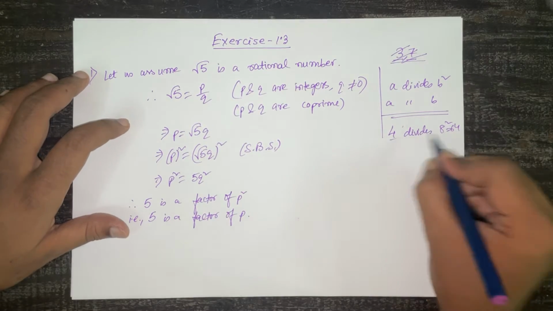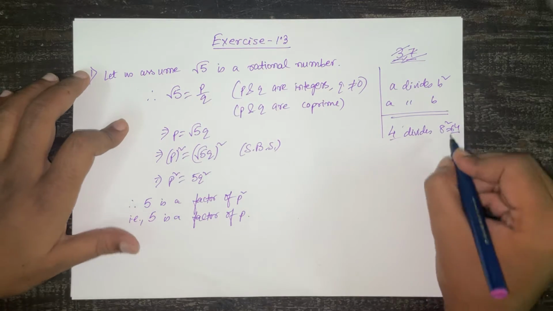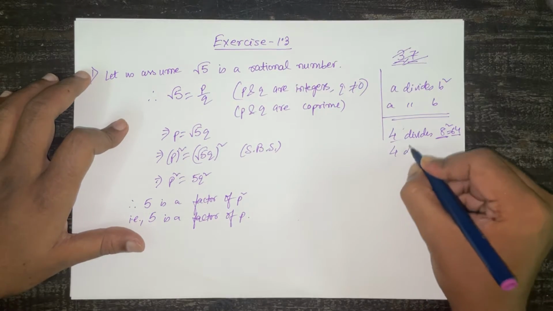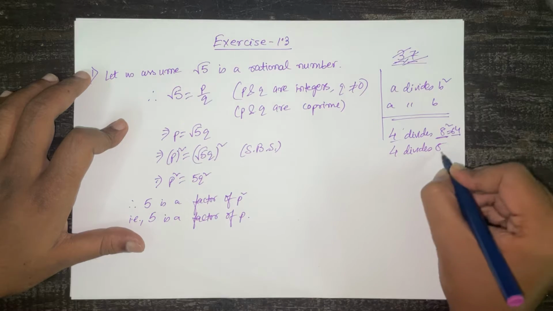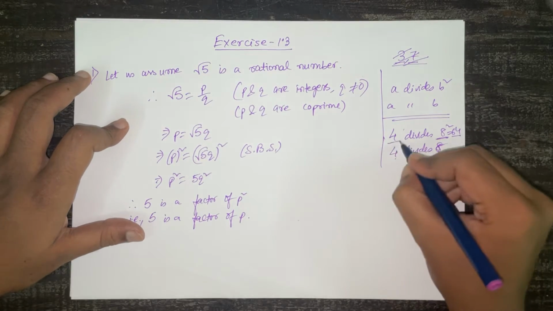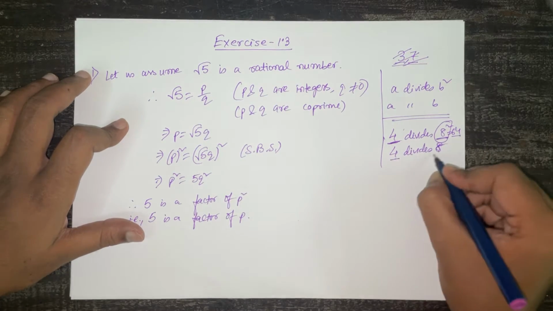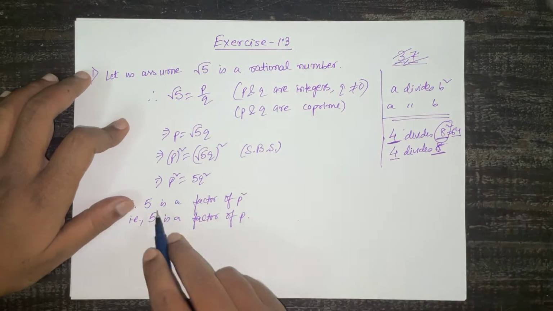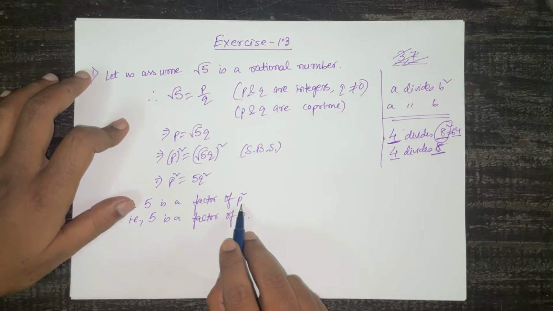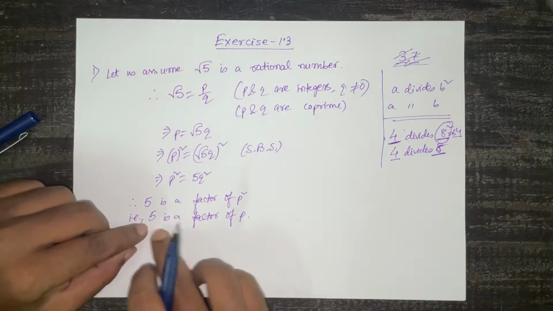So 4 will obviously divide 64. So 64 is divisible by 4. Now since 4 divides 8 square, we also know that 4 divides 8. 8 is divisible by 4. So that means if a number divides the square of some number, that number will also divide that particular number. So here 5 is a factor of p square, so that means 5 will also be a factor of p. Okay? Done. We'll keep it to this.